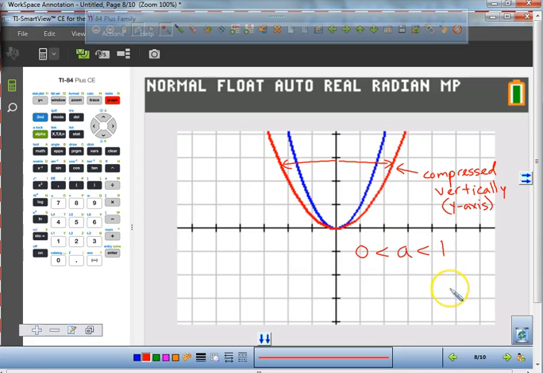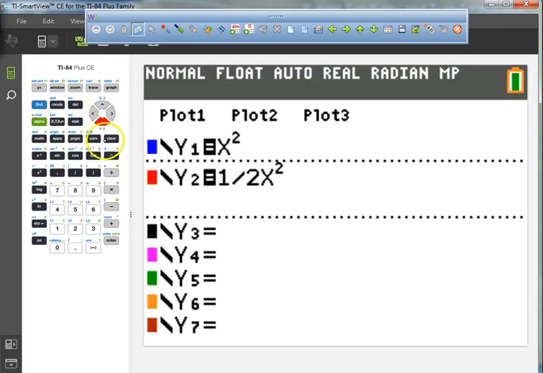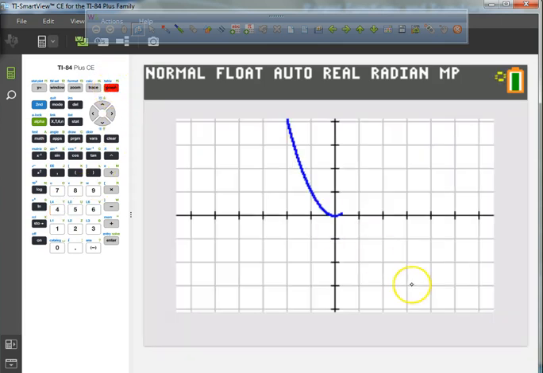So if I wanted to compress this further away from the y-axis, what fraction could I put in front of it instead of a half? Throw out a fraction less than a half. A third, a fourth, okay, a 7th. Yeah, that goes further away.